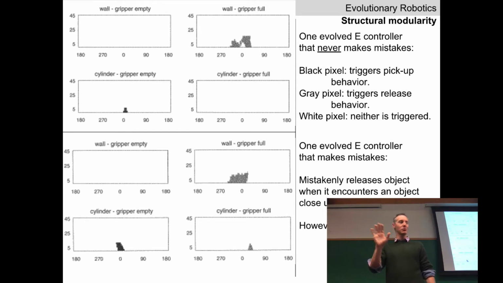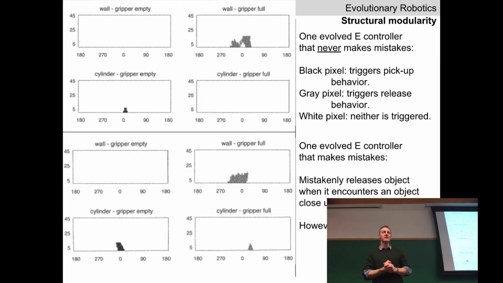A whole bunch of these situations. So every pixel within this panel corresponds to one of these initial conditions. The robot is a certain distance from the wall, and it's got a certain angle relative to the wall. So far, so good? Okay.